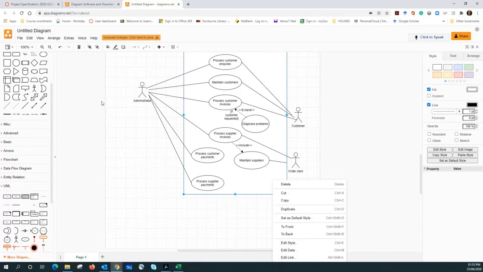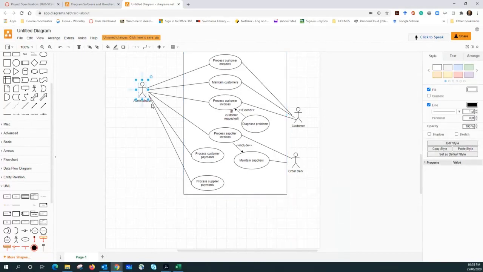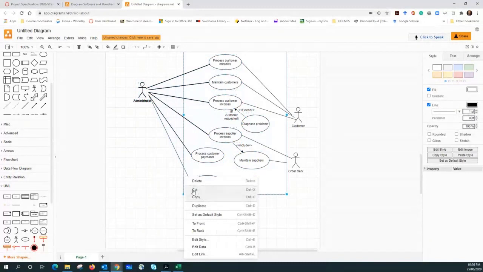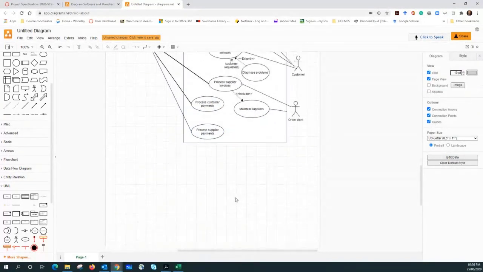I think when you select everything, these things, you can. No, it's not. So you can have another diagram.